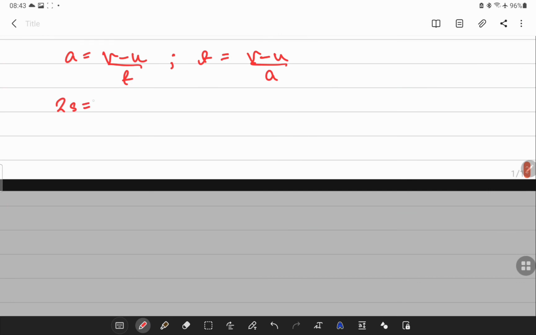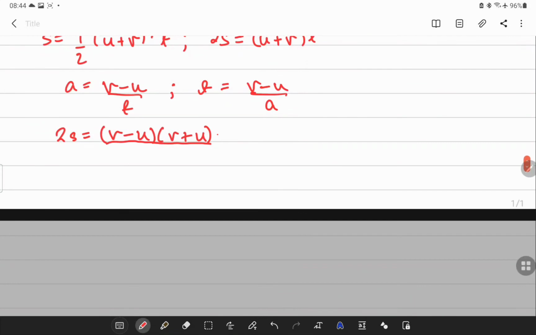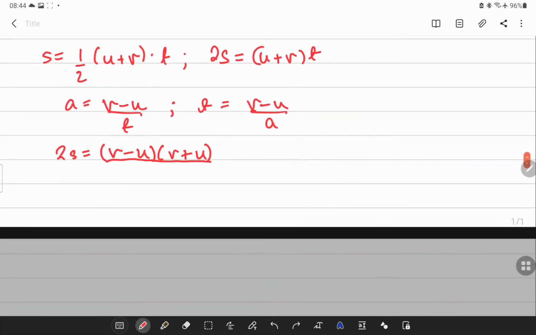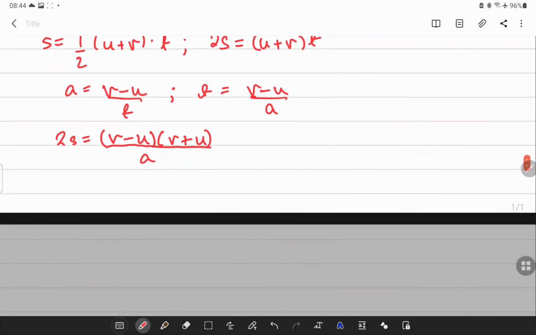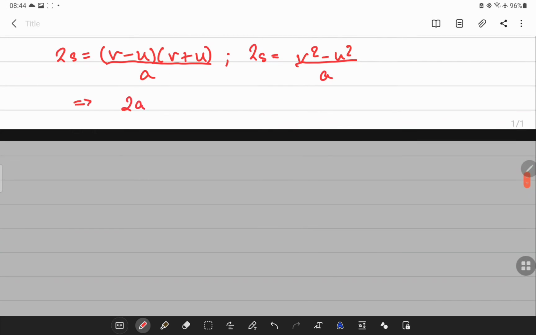So this will give 2s is equal to (v minus u) into (v plus u) upon acceleration. So 2s is equal to (v square minus u square) by acceleration, which on simplification will give 2as is equal to v square minus u square.